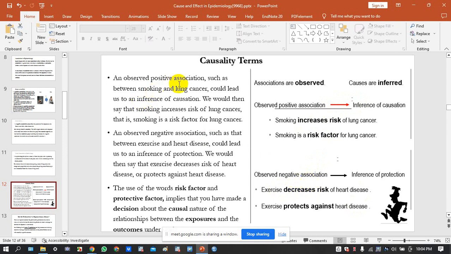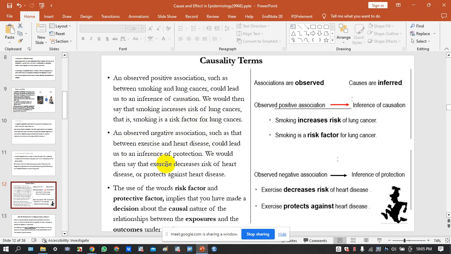So an observed positive association, such as between smoking and lung cancer, could lead us to an inference of causation. We will then say that smoking increases the risk of lung cancer. That is, smoking is a risk factor for lung cancer. An observed negative association, such as that between exercise and heart disease, could lead us to an inference of protection.